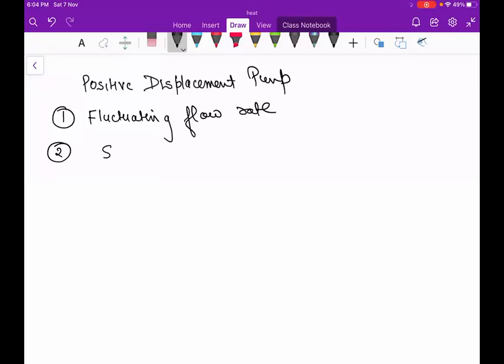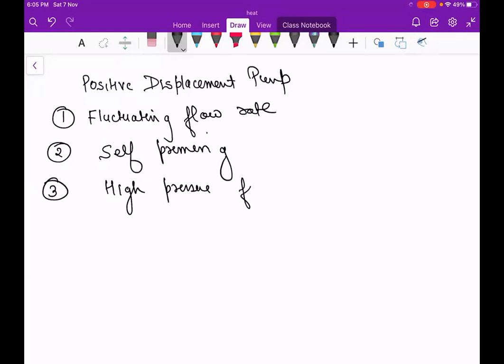Second, they are self-priming. We will see what priming is in detail today. Third, it is used where we want very high pressure fluid, in applications where very high pressure fluid is required.